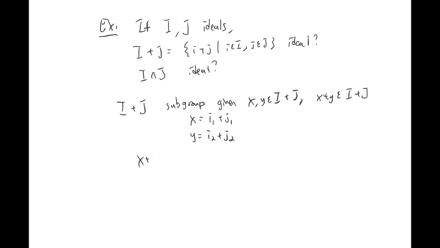Then x plus y is i1 plus j1 plus i2 plus j2. But remember, I, J are ideals of the ring R. That's kind of implied, but since R is a ring, it's an abelian group under plus, so I could swap.